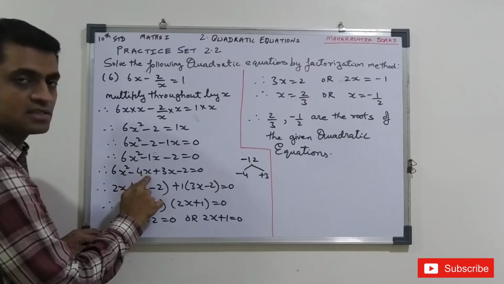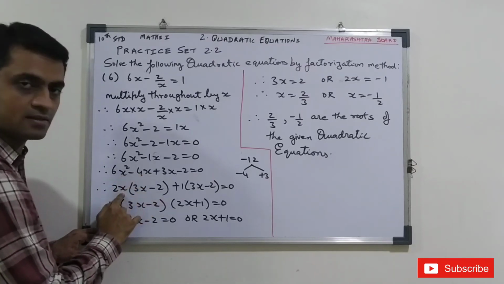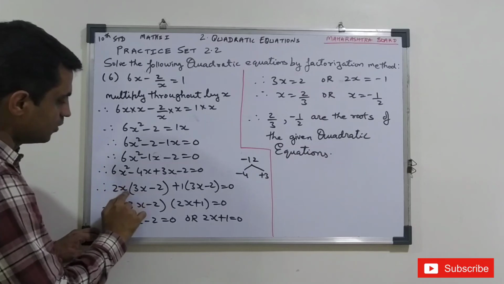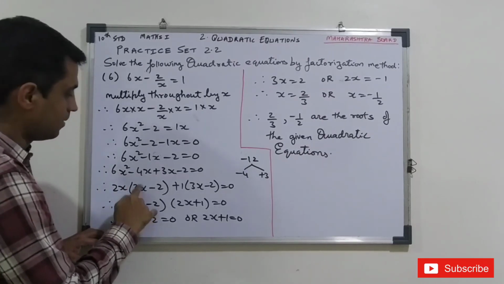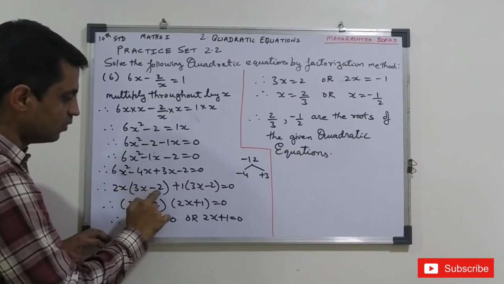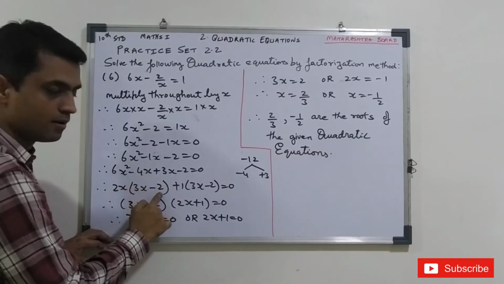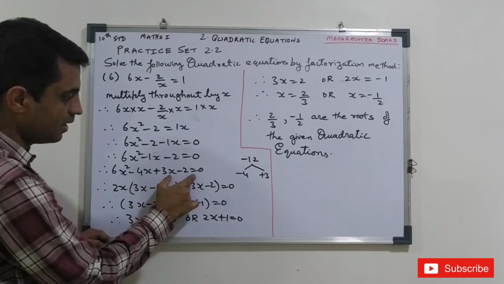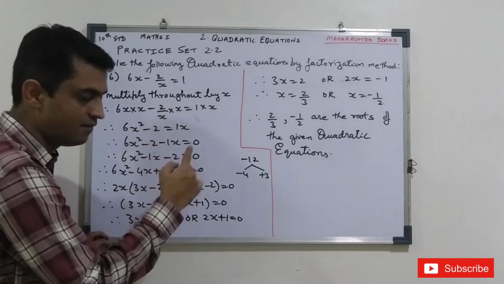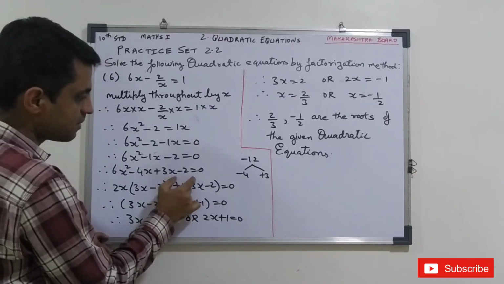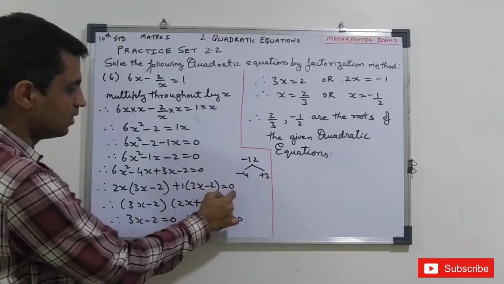X square and x, the lowest power of x, that is x. 6 divided by 2 is 3, 1x is gone, so 1x will be there. Minus 4 divided by 2, 2. X is already gone. Plus from here, nothing is common, so we take out 1. We have seen in the previous sum. And 3x minus 2 as it is, equal to 0.